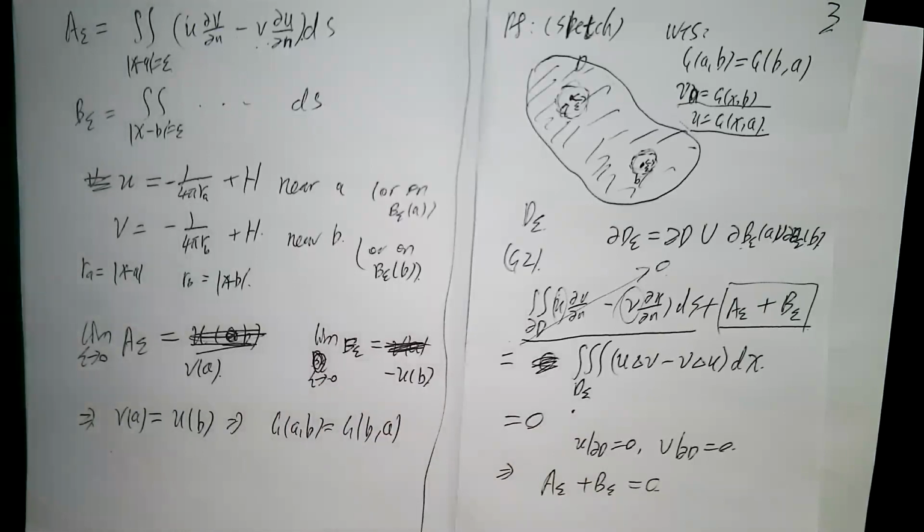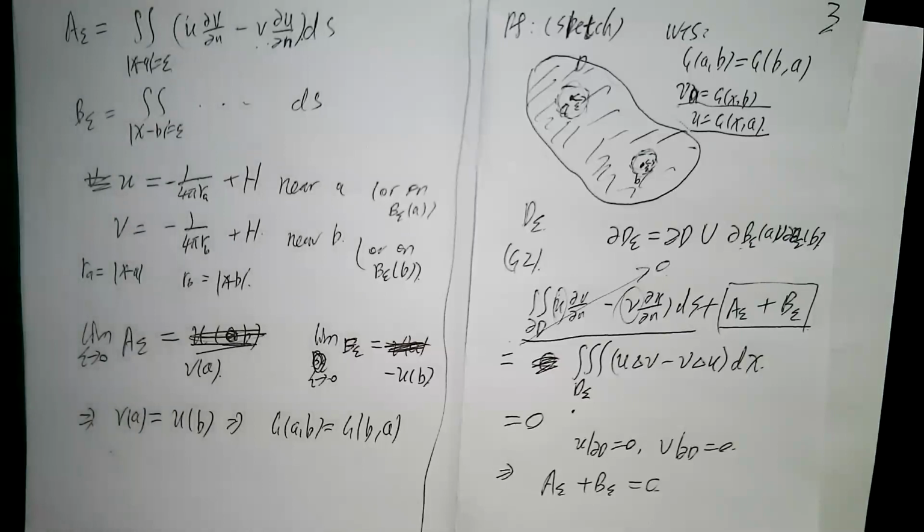Okay? It's just a similar idea as we showed in this representation formula. You just shrink it, and every other term just disappears. The only thing left would be this u(a) term, or u(b) term, or v(a) term. Anything else will just tend to 0. If you are not clear about this, you can check your textbook. This is kind of technical, but it's very interesting and very useful in terms of analysis.